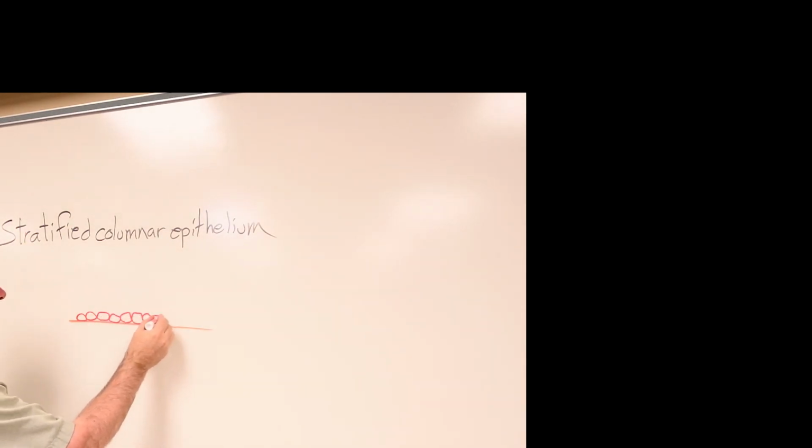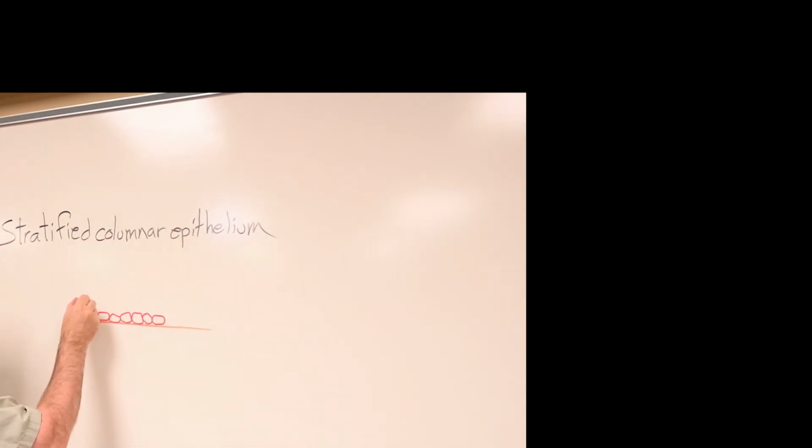Stratified columnar epithelium. The cells at the base of the epithelium are not columnar at all. They'll be irregular small cells. And then above that you'll have the columnar shapes, usually very even at the top.